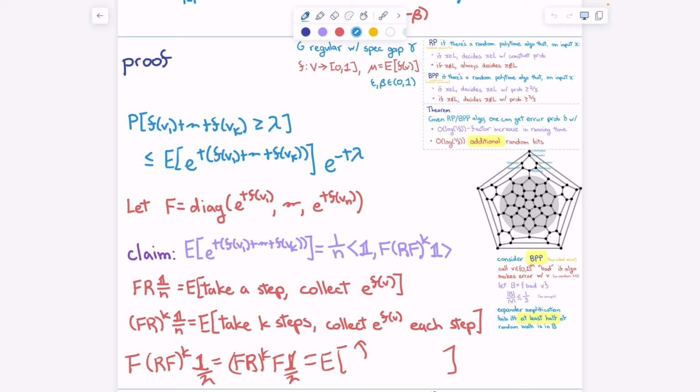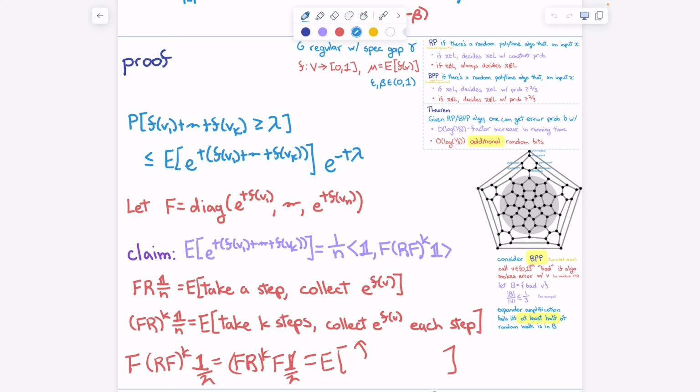So the expected value of this thing is going to be, with the one over n on the right being the stationary distribution to begin with, and the ones vector just adding everything up, doing the expectations at the end, so over all the trails of all the random paths.